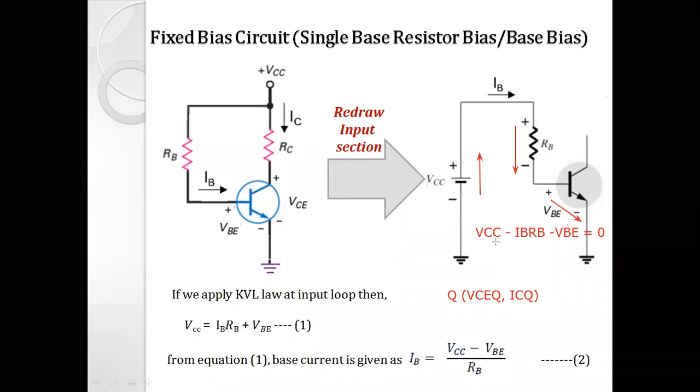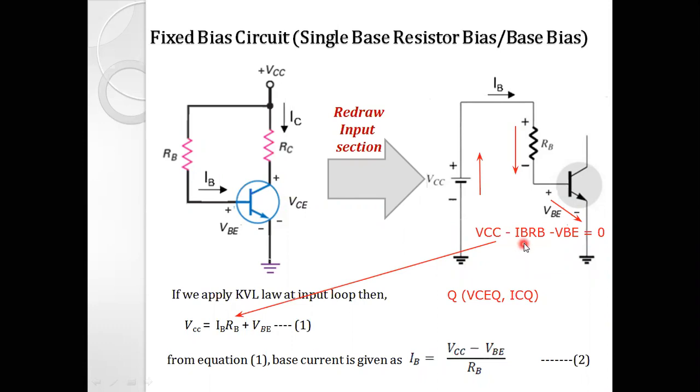From this equation, we can derive this one. How to do that? We move the IB RB term to the right-hand side. So on the left-hand side, only VCC and VBE, these two terms, remain. So VCC minus VBE is equal to IB into RB. Then dividing that equation by RB on both sides, we get VCC minus VBE divided by RB.